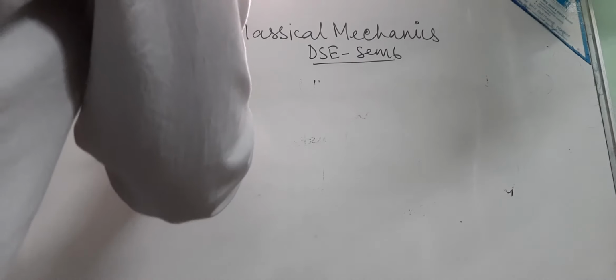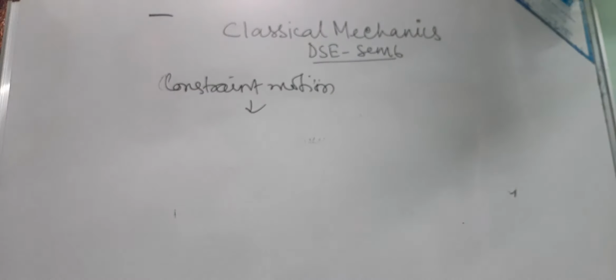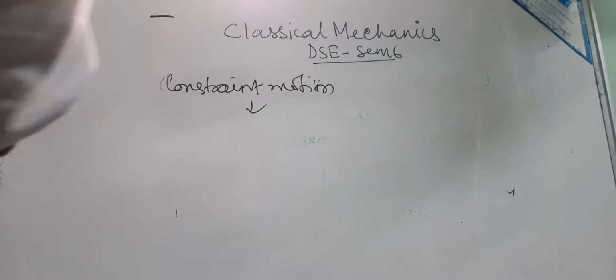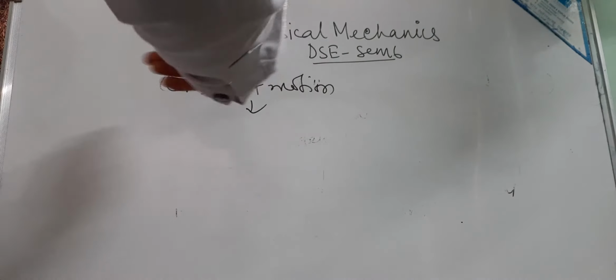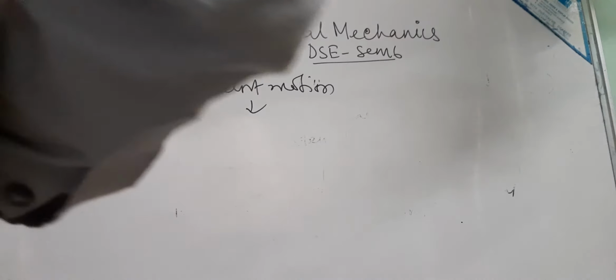This constrained motion we realize by forces. Whenever the body is in motion in contact with constraining curves or surfaces, suppose the body is here and it is moving on the surface, then as you know the weight of the body mg acts vertically downwards and the normal reaction acts upwards.